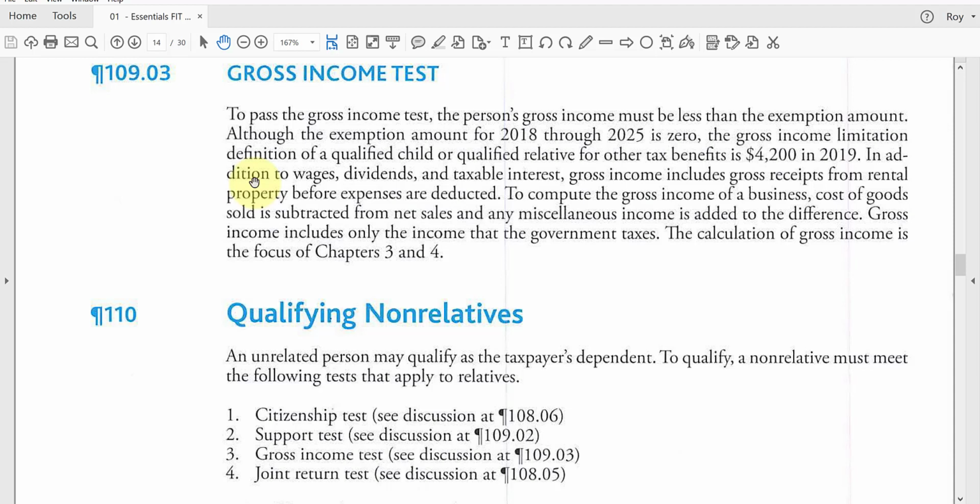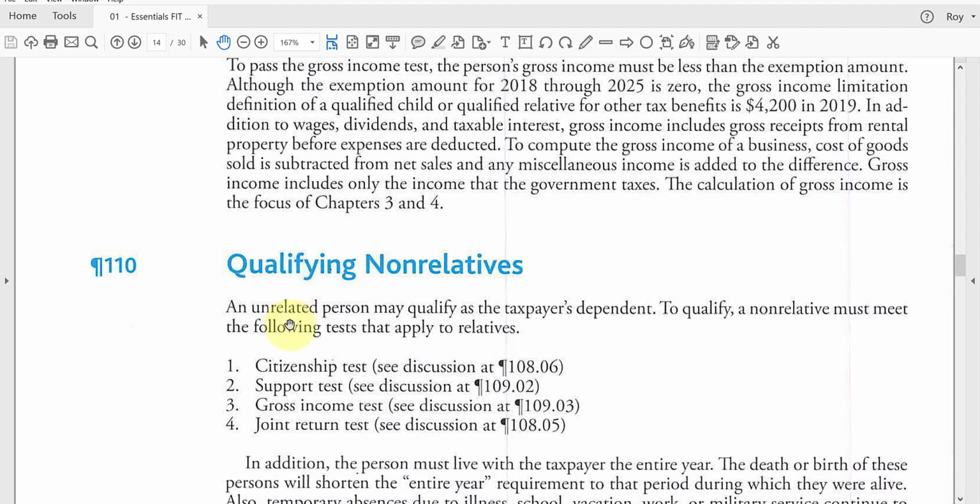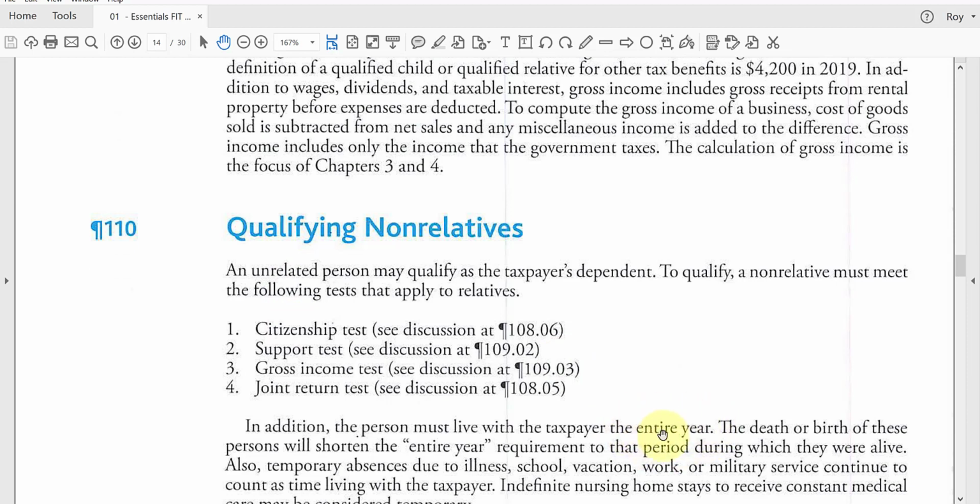Now, in the case of people that are not related to the taxpayer, they still may be able to be claimed as a dependent. Again, one of the tests was relationship, yeah, for the two different categories. But if a dependent is not related, as long as they live in the same household for the entire year with the taxpayer, they can meet the relationship test. Yeah, this is an exception to that relationship test.